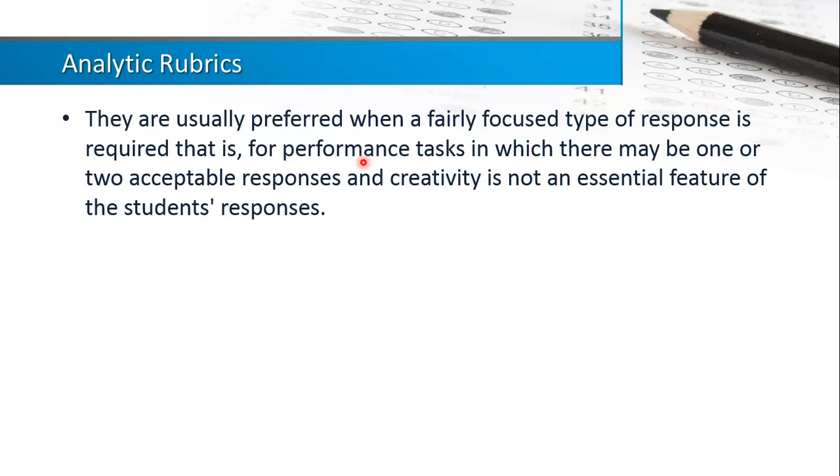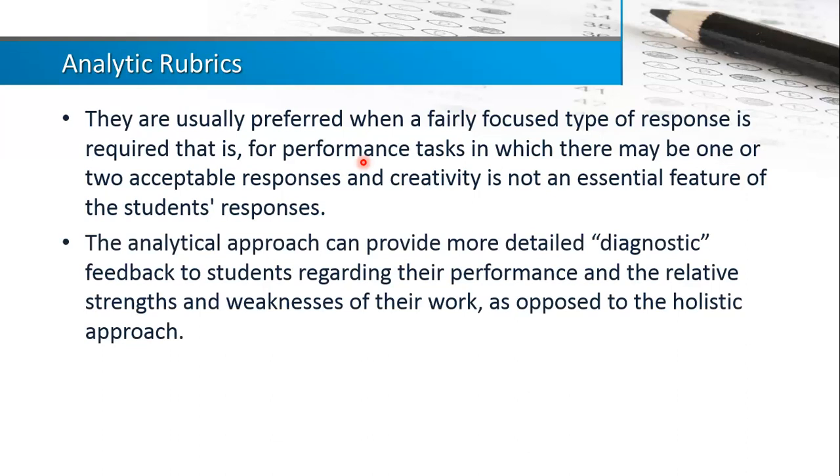However, the difference from the task specific one is that an analytic rubric breaks down the specific criteria, similar to a checklist, and you have to identify all of these and give marks based on the criteria identified. So that is the analytical approach.